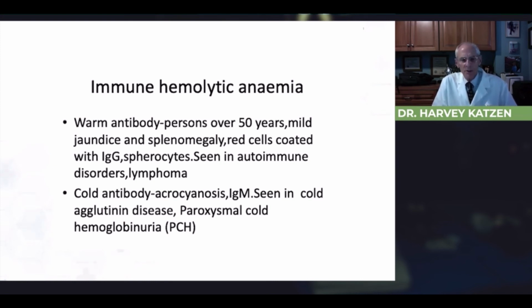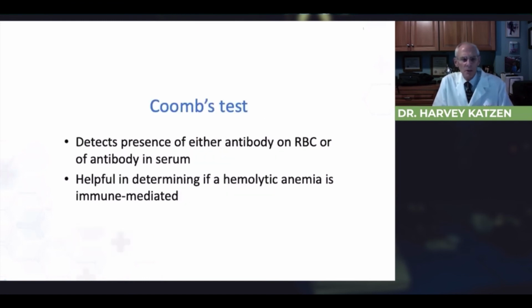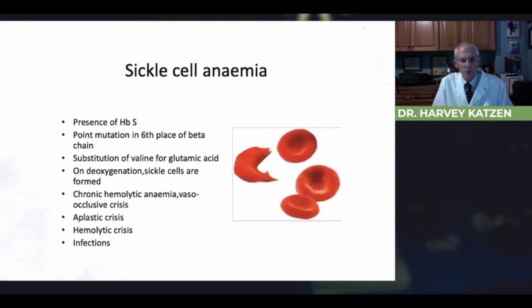Sometimes patients with rheumatoid arthritis will present with immune hemolytic anemias, or other lymphomas as well. The Coombs test, as I mentioned a moment ago, is detecting whether or not there's antibody on the surface of the red blood cell to help determine if this is an immune-related anemia.